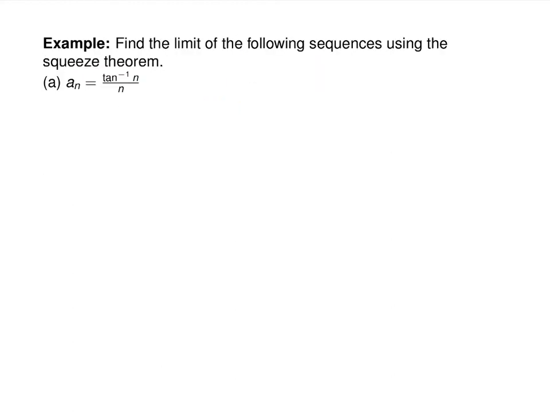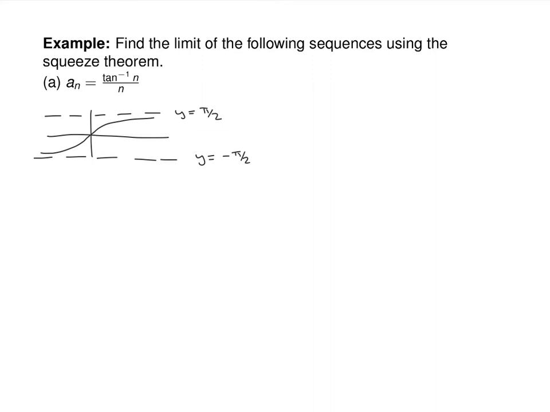And a really common application of this is trigonometric functions, because some of them are bounded. So for example, we have inverse tangent of n over n. Now, inverse tangent of n looks like this. It has horizontal asymptotes at y equals positive pi halves and y equals negative pi halves.